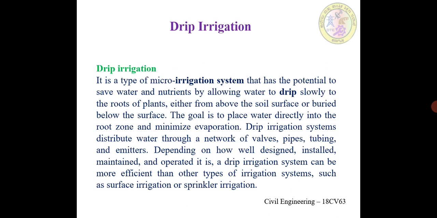Drip irrigation systems distribute water through a network of valves, pipes, tubing and emitters. Depending on how well designed, installed, maintained and operated, a drip irrigation system is more efficient than other types of irrigation systems, such as surface irrigation or sprinkler irrigation.